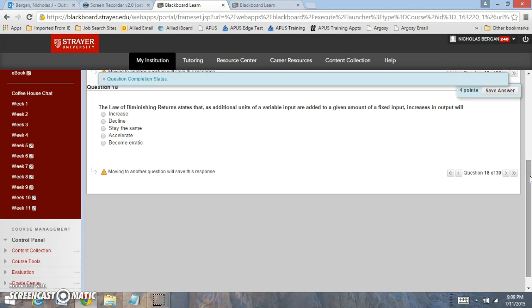Law of diminishing returns. As additional units of variable input are added to a fixed input, you'll notice that increases in output will be much smaller than before.